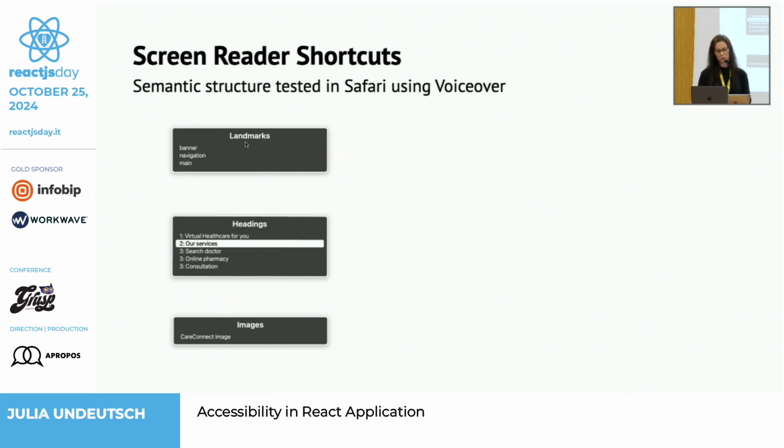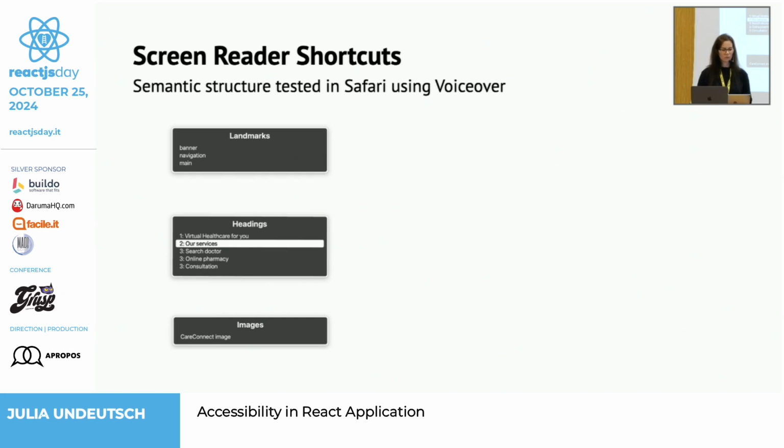And these shortcuts are only available if we use semantic HTML, because when we use landmarks like the header or the navigation or the main, then this is contained as a shortcut for the screen reader user to navigate only by landmarks or only by headings. Headings are the most important ones.